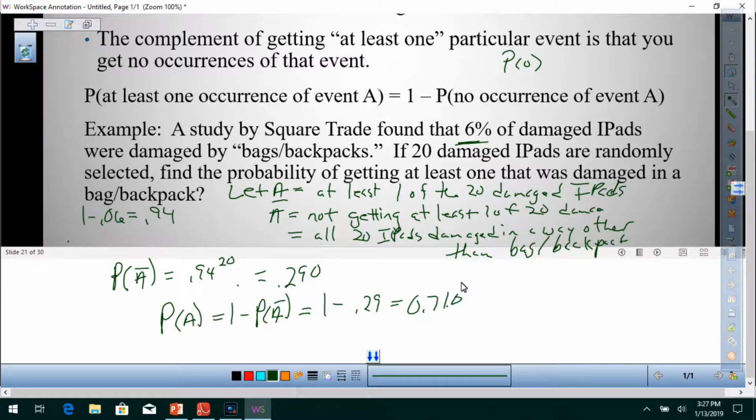For a group of 20 damaged iPads, there is a 0.710 probability of getting at least one iPad damaged in a bag or a backpack. The probability is not very high, so to be reasonably sure of getting at least one iPad damaged in a backpack, more than 20 damaged iPads should be used.